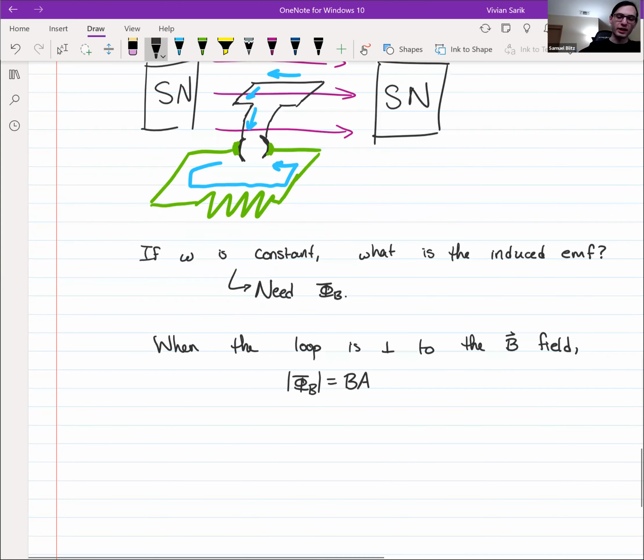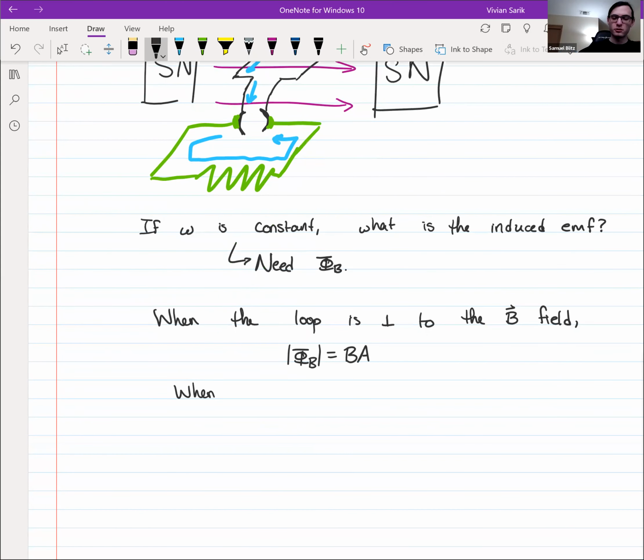When the loop is parallel, we get that the flux is 0.